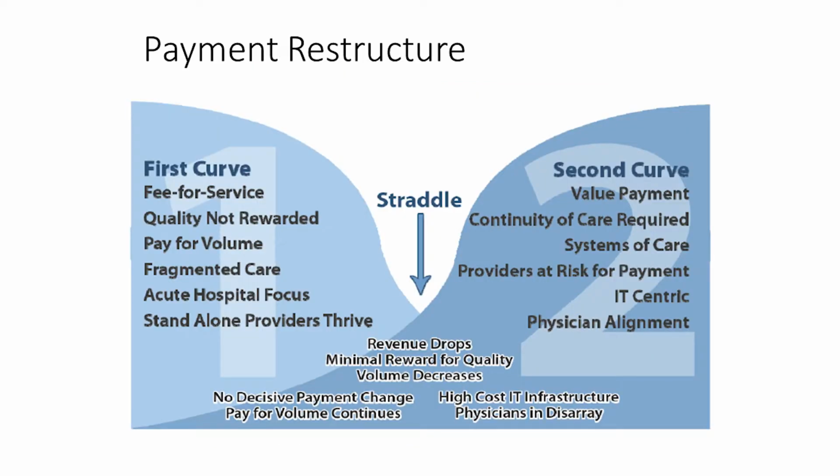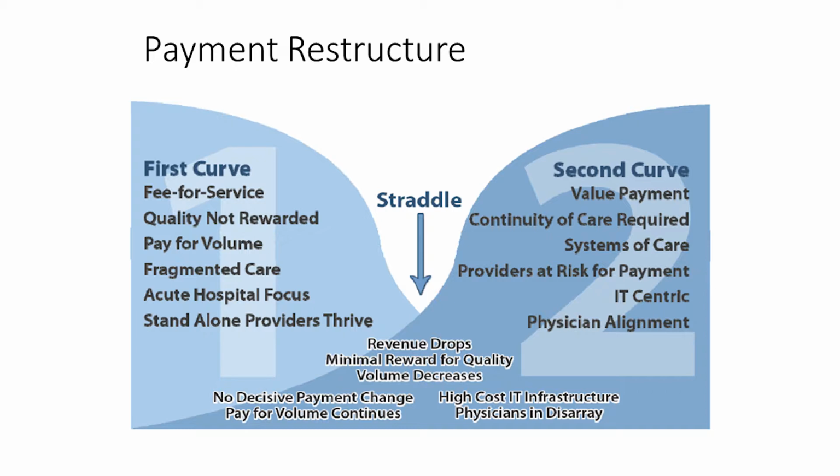We're also in the middle of a payment restructure. Under a lot of the old payment models for healthcare settings, it was fee for service, pay for volume, which essentially means that if you do an MRI 10 times, you get paid 10 times. So you get paid for the work.